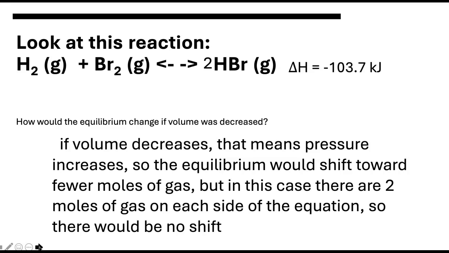So I simply need to look at the equation. How many moles of gas do I have as reactants? How many as products? 2 of each. 2 moles of gas as reactants, 1 mole of the H2, 1 mole of the Br2, and then 2 moles of the product, hydrogen monobromide. So there's not going to be any shift in equilibrium.